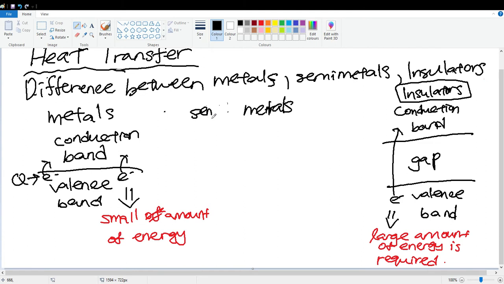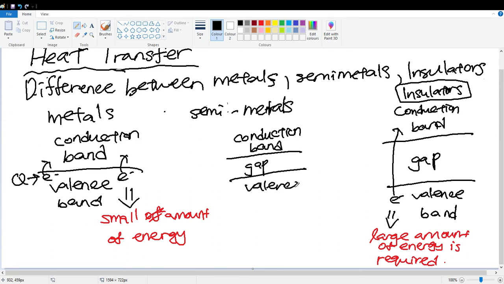So this is semi-metals. And this one, we have a gap here, and this is the conduction band, and this is the valence band.